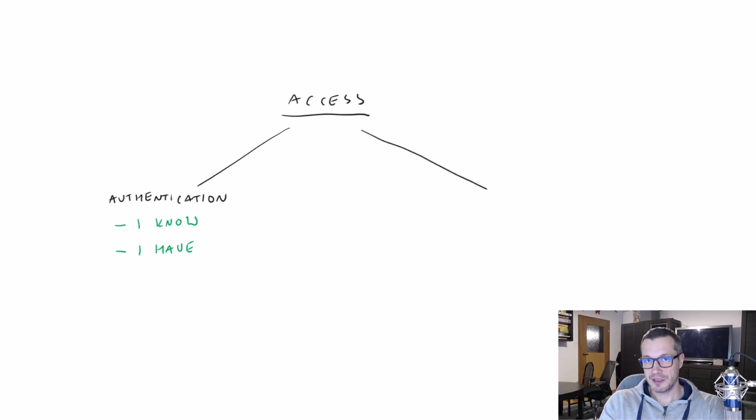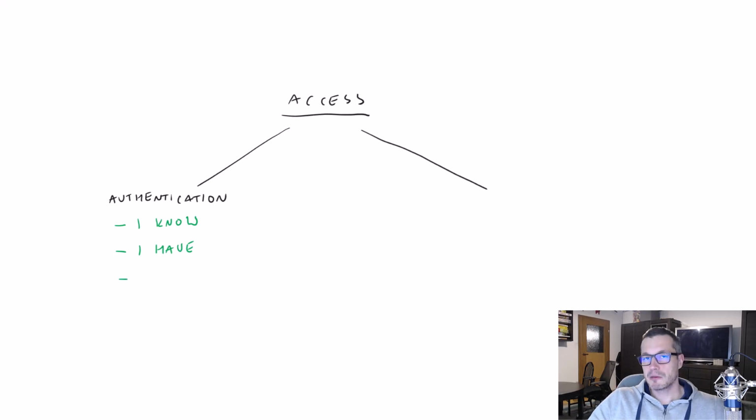Or I might have to type in the number that I see on the screen, just to prove that it is really me who is trying to get access. And again, in theory, if someone is in possession of this device, like a mobile phone, it should be only the person who we believe should be granted the access, right? So, because I don't really share my mobile phone with someone else, if someone clicks the approve button on this mobile device, it is a good indication that it was really me.